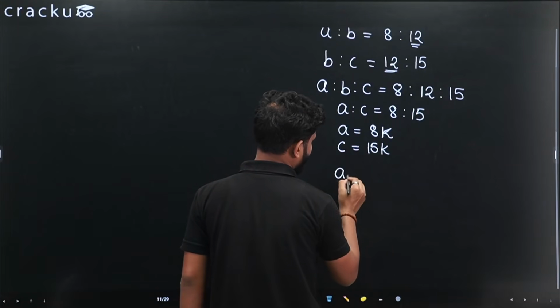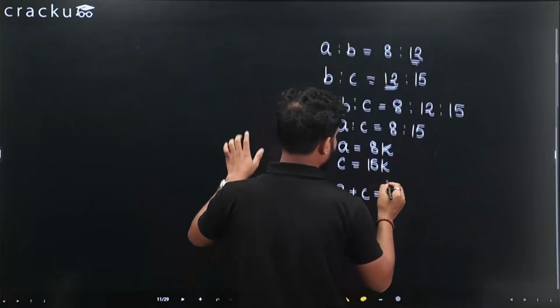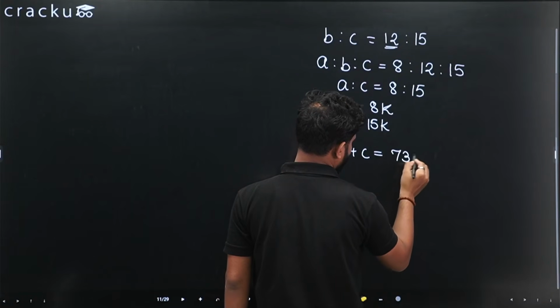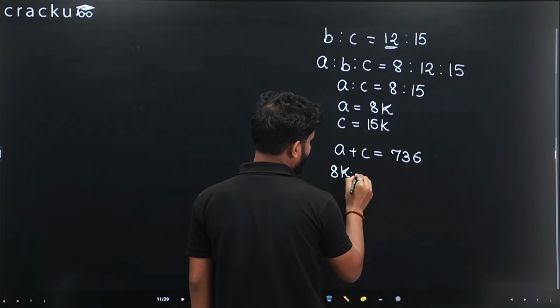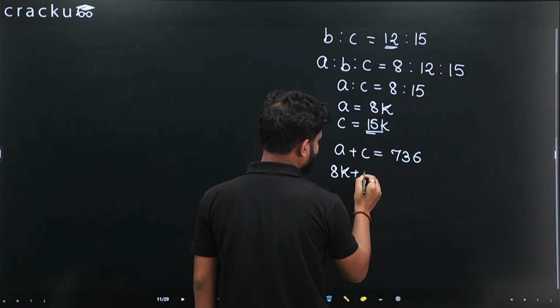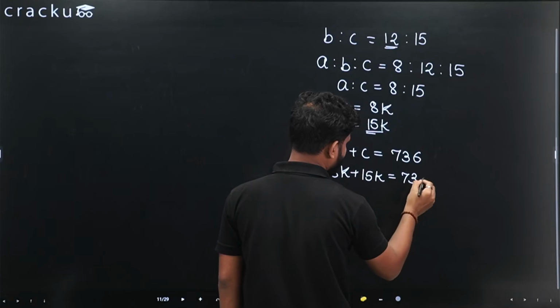We have been given A plus C as 736. A is 8K plus C is 15K is equal to 736.